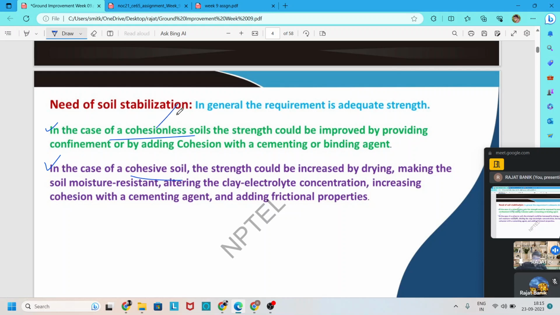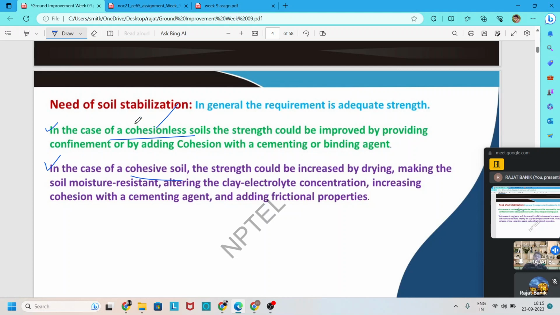The main property of cohesionless soil is internal friction. The bond between the particles is defined by the internal friction only. There is no cohesion, or attraction and repulsion, in cohesionless soil.